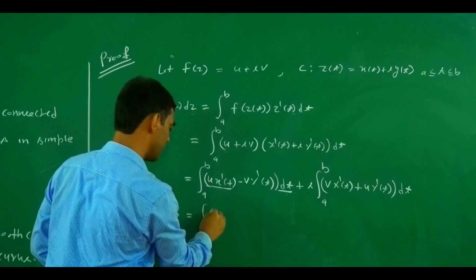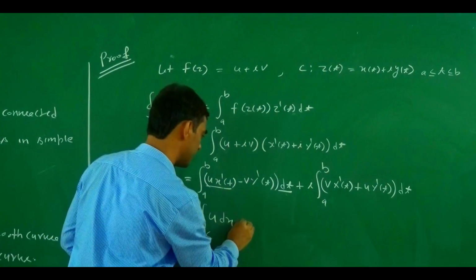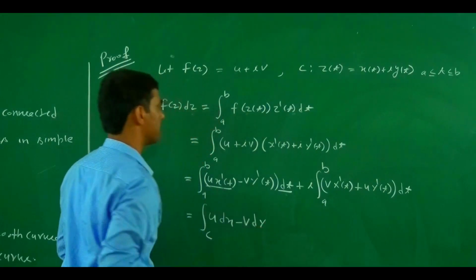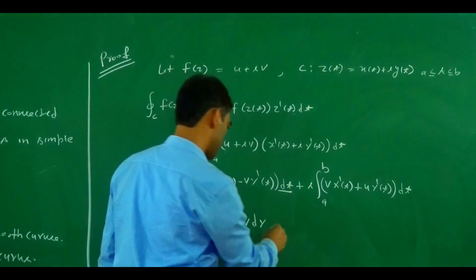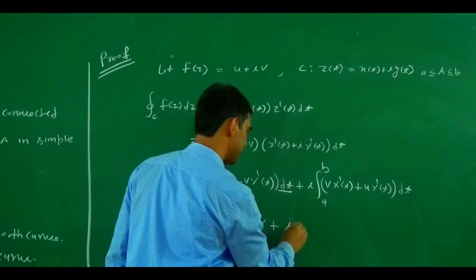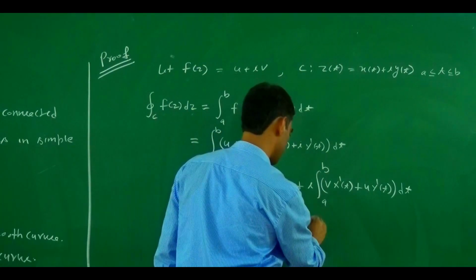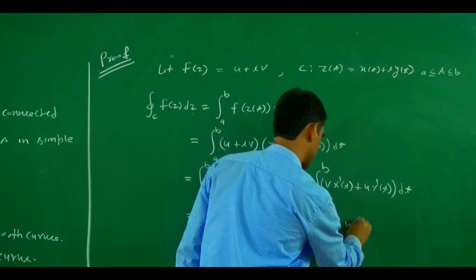Then this becomes u dx, and this becomes minus v dy, plus i times the integral over C of v dx plus u dy.